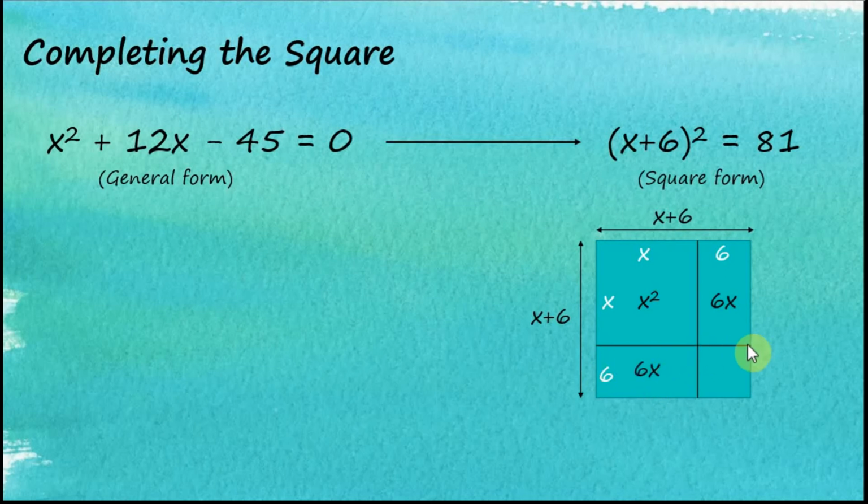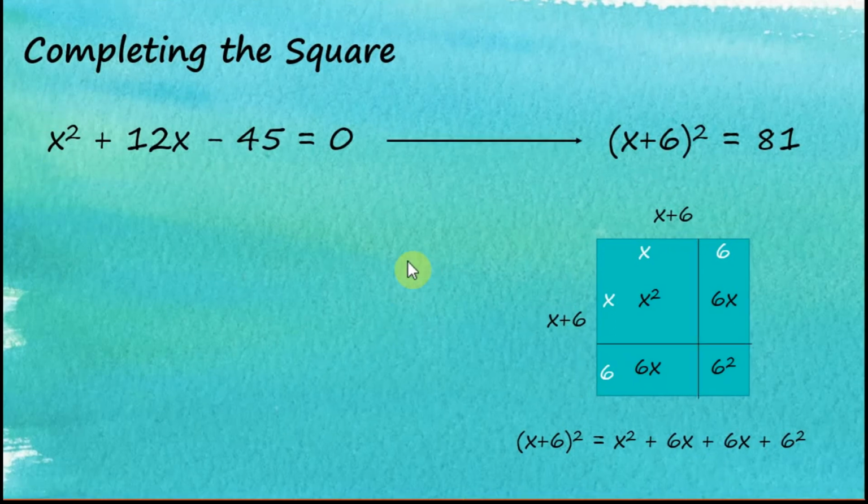And this one, the length is 6 and the width is also 6, and therefore the area of this small square here is 6 squared. We can break down the square of this expression into 4 components, which are x squared, 6x, 6x, and 6 squared. Now try to remember this, because this is very important for us to rewrite this quadratic equation from general form to the square form.